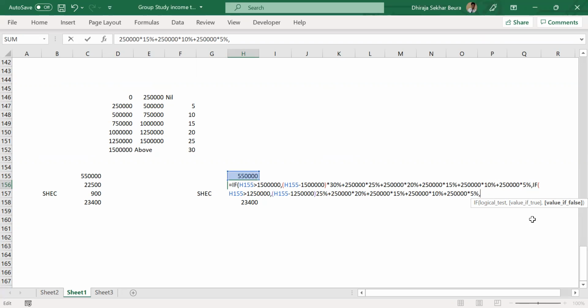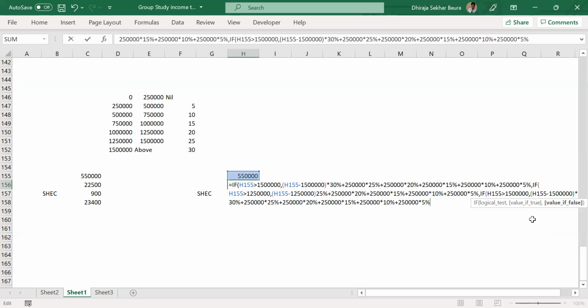Sorry, can you repeat the value, please? The first one is 23,400, and for the alternate regime is 18,200. Let me just calculate. I haven't calculated.